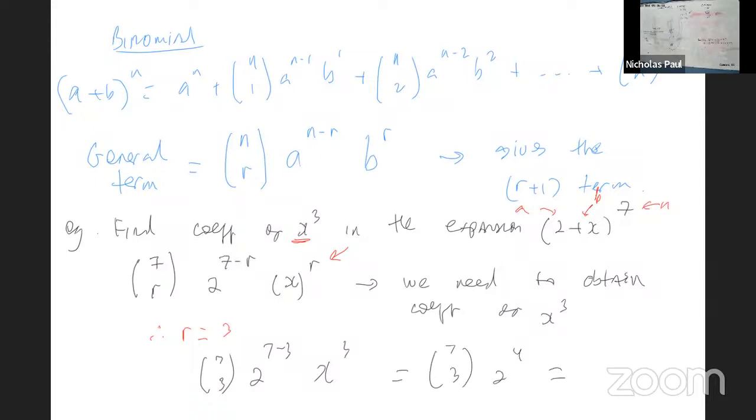That's the coefficient. What is 7C3 by that? 560, thank you. 560.